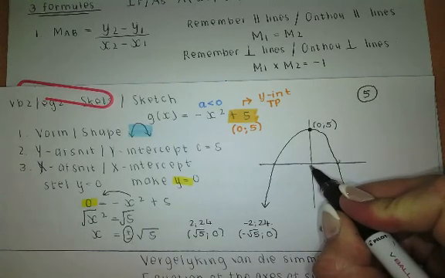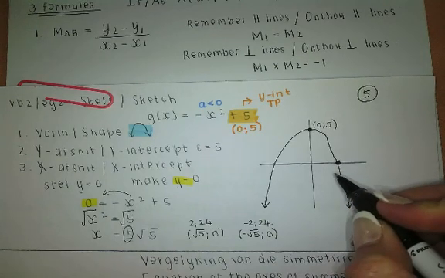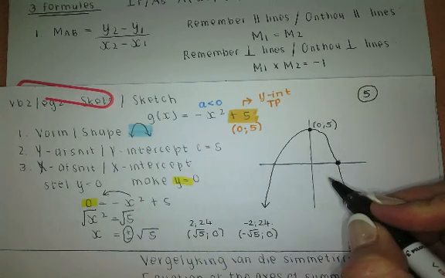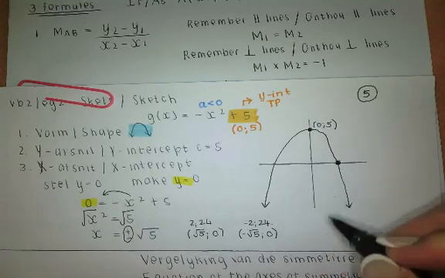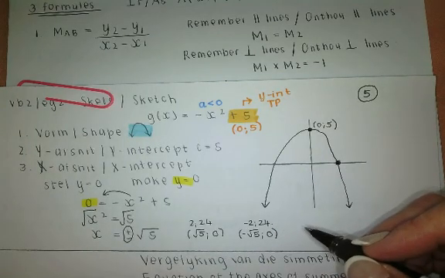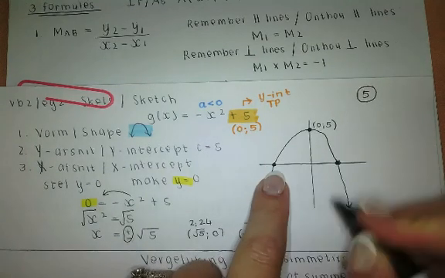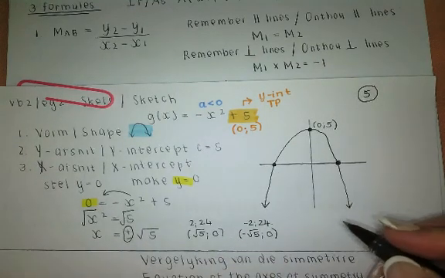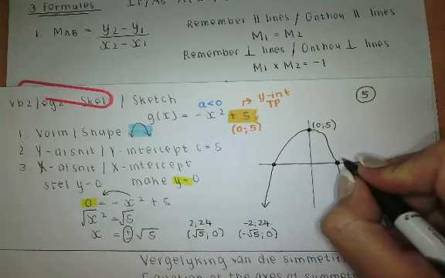Okay, so from 0, x is going to be 2.24. It doesn't have to be exactly 2.24. So if on your blocks you label 1, 2, 3, 4, you'll just go to 2 and a little bit past 2. Are you with me? And here you'll go to negative 2 and a little bit past negative 2. Do you understand?